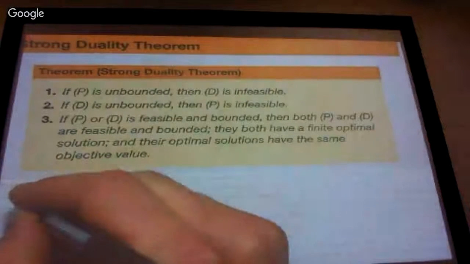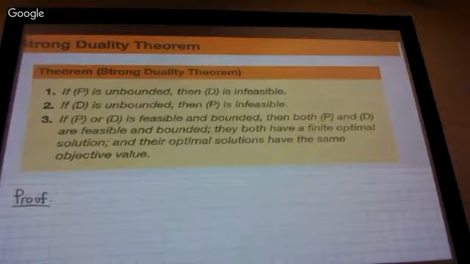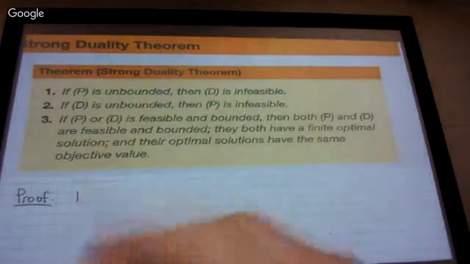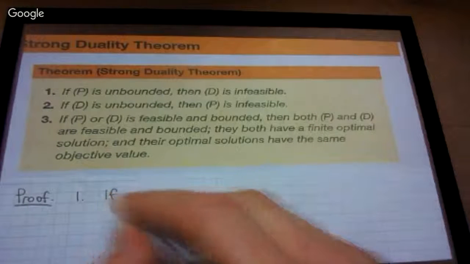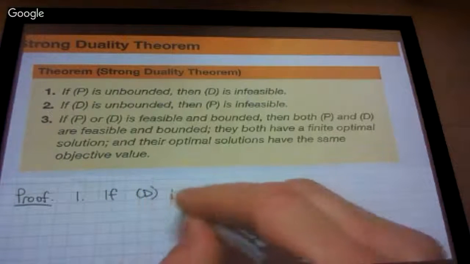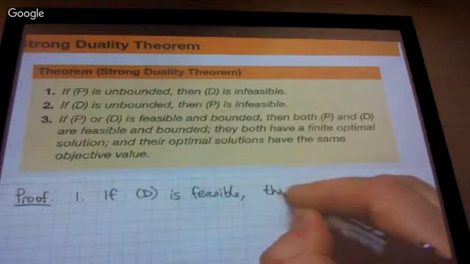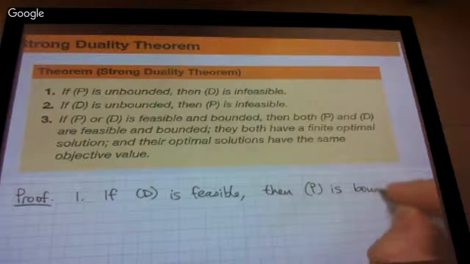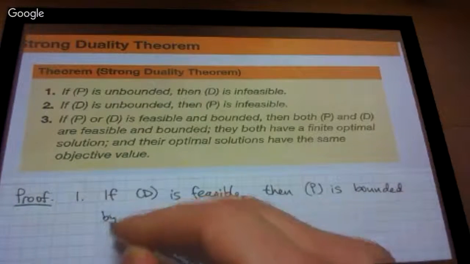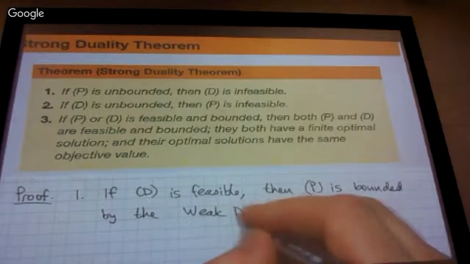I'll be reading the theorem bit by bit, but parts 1 and 2 we've just talked about. To prove number 1, if D is feasible, then P is bounded by the weak duality theorem.